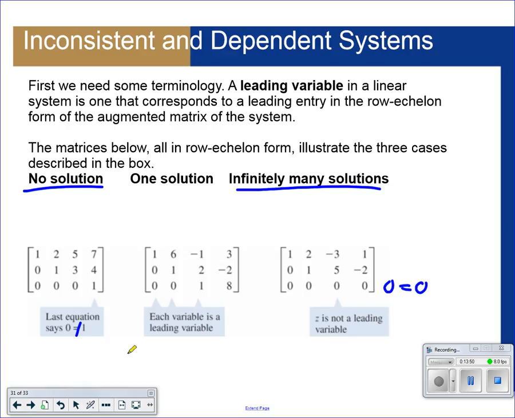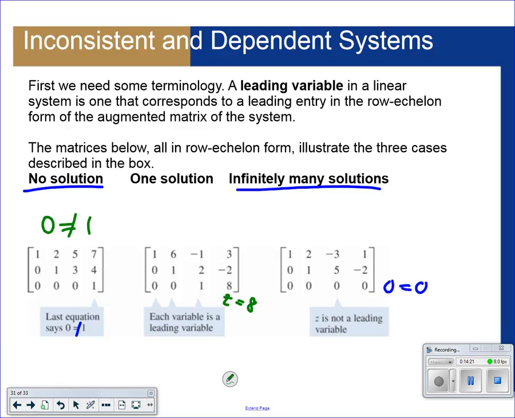No, here, I'll show you with these. So if it's no solution, if you look at your last row, what you have is 0 equals 1. That's the equation written here. So does 0 equal 1? No, so that's why there's going to be no solution. For this one, each variable is a leading variable. So you could solve this with back substitution, right? Because z would equal 8 here.